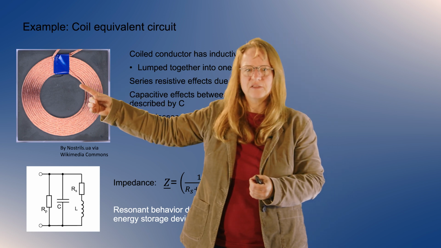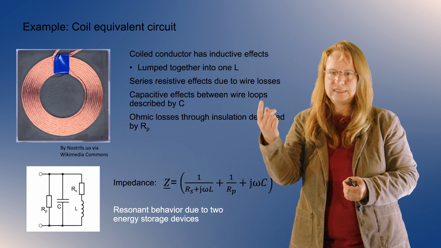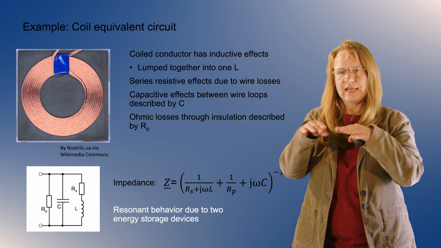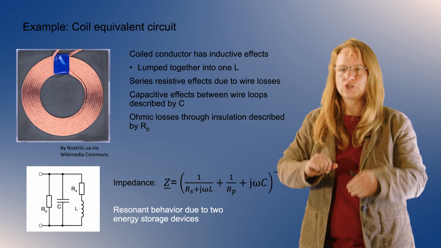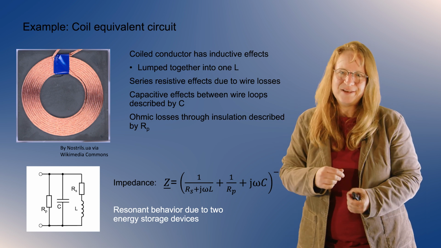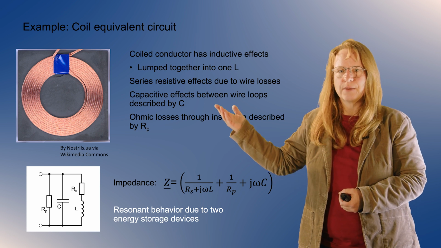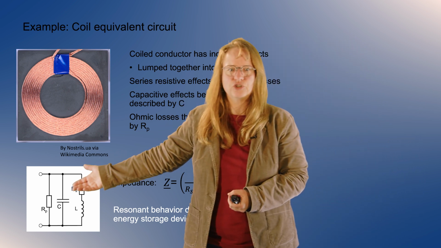What you see in this photograph here is wire that has an insulating layer such that the individual windings are electrically insulated. And then if you have a conductor, an insulator, and a conductor next to each other, that again means you have a capacitive effect going on. These capacitive effects between the wire loops are described by the capacitor C.